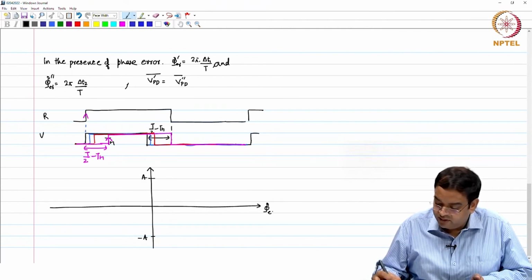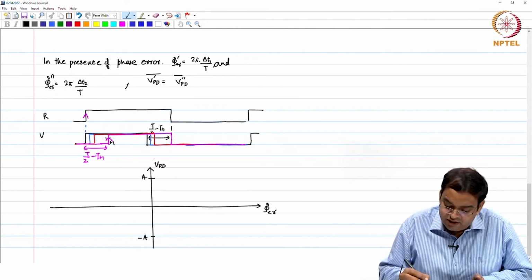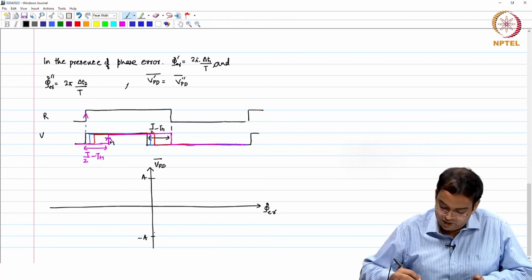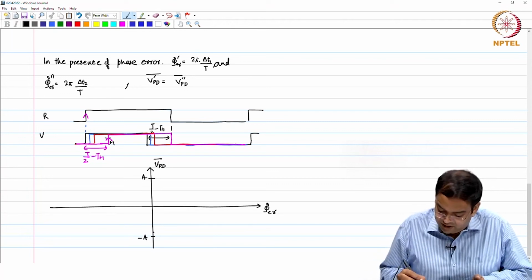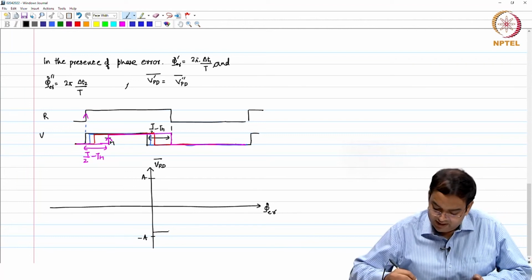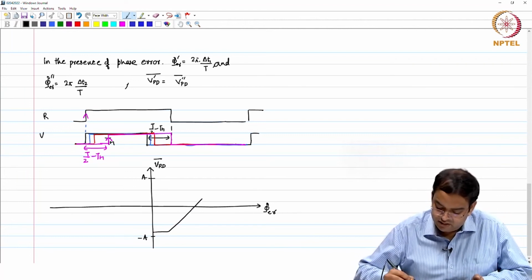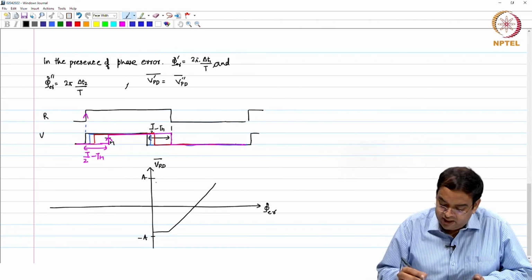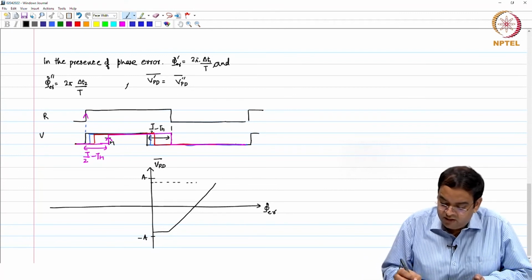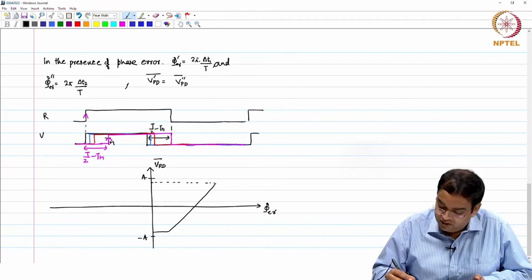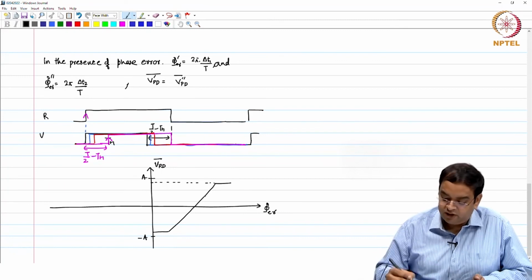This is phase error, this is VPD average. So, this is going to be constant for some time and then it will change, okay, and it is again going to be constant on the other side for a while.